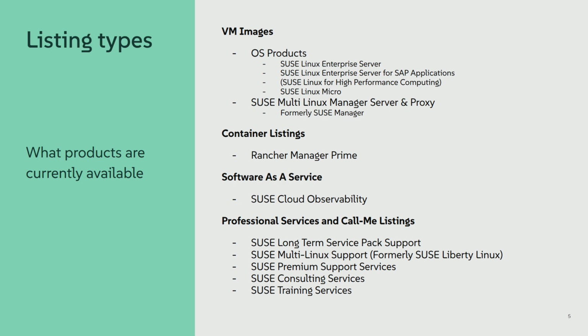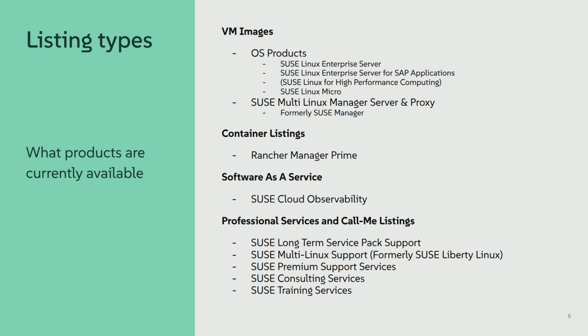And then there are professional service listings, which are Call Me listings, Ron. The Call Me listings are a mix, and this is probably useful to know. Some of these Call Me listings you can call us to get private offers from. Some of them are just how to obtain and run the product on the cloud, and we'll go through this in upcoming slides. But some of these things you can actually procure as a private offer through the marketplace.